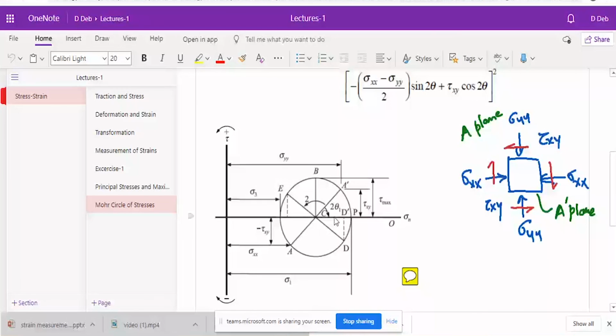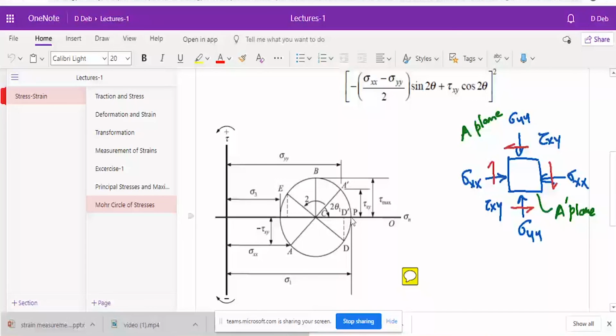Do not forget to divide by 2, because this circle is made with 2 theta angle, not theta angle. Actually you have rotated theta degrees, but in the circle it has rotated 2 theta degrees. So this theta 1 is my angle from the x-axis towards the major principal stress direction. If you measure in this direction, that will become the minor principal stress direction.